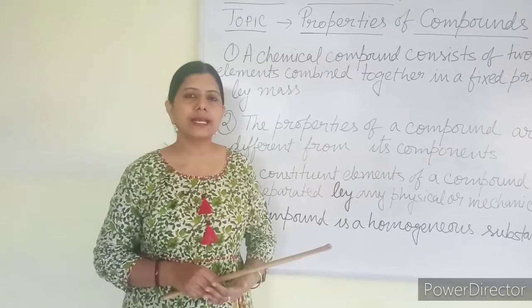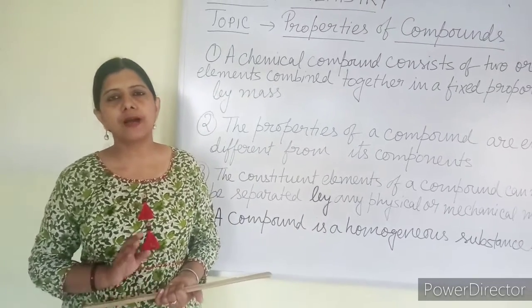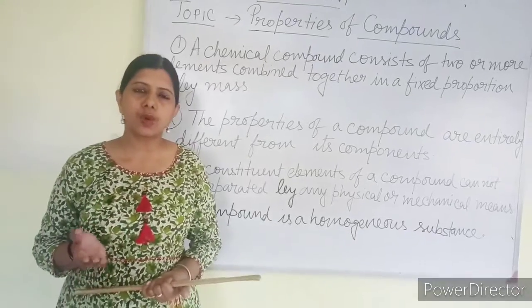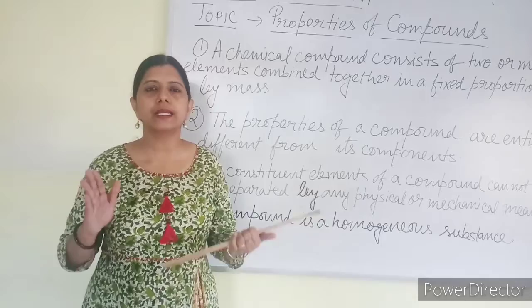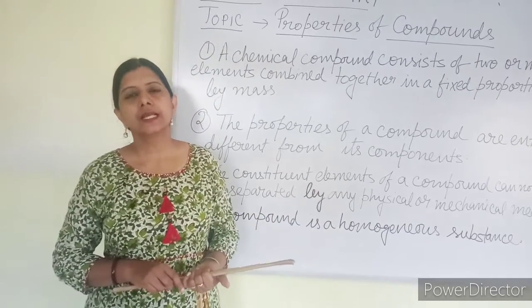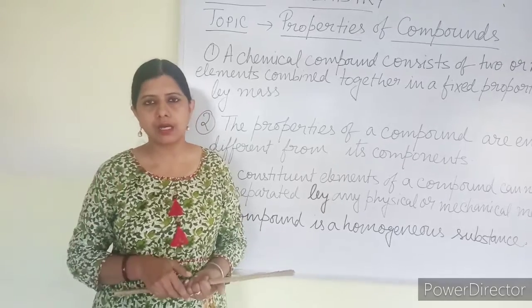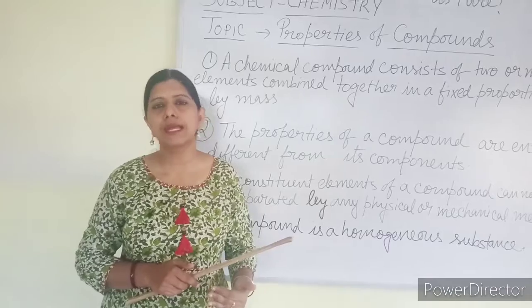I am taking one example, that is water. Water is a compound which is made up of hydrogen and oxygen. If you take 2 liters of water, 10 liters of water, 5 liters of water, whatever may be the amount of water, there is a fixed ratio of hydrogen and oxygen by mass, and that ratio in case of water is 1:8.